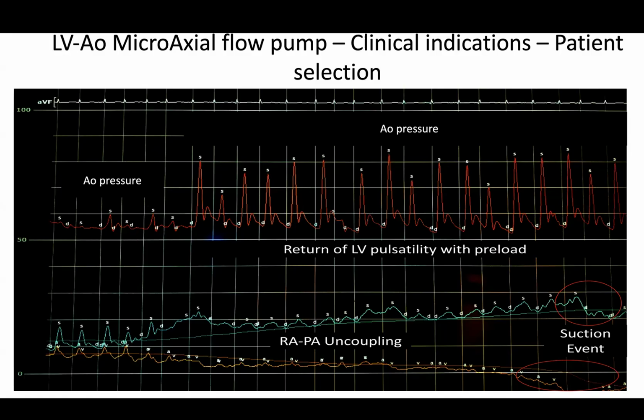Interestingly, they just published a new subgroup analysis from DanGer of patients that had a lot of suction alarms and how they did. It makes you wonder how many of those had an RV component to their shock.